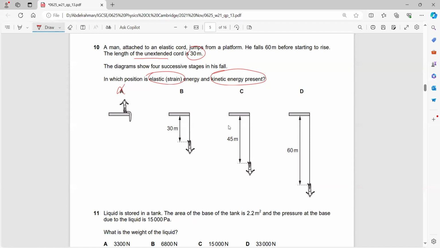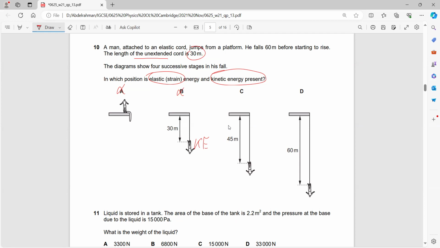No, it's not extended. It's only at its original length. So no elastic energy is in the cord. There is kinetic energy. The man has some kinetic energy, but the cord does not yet have any elastic energy. Is it C or is it D?